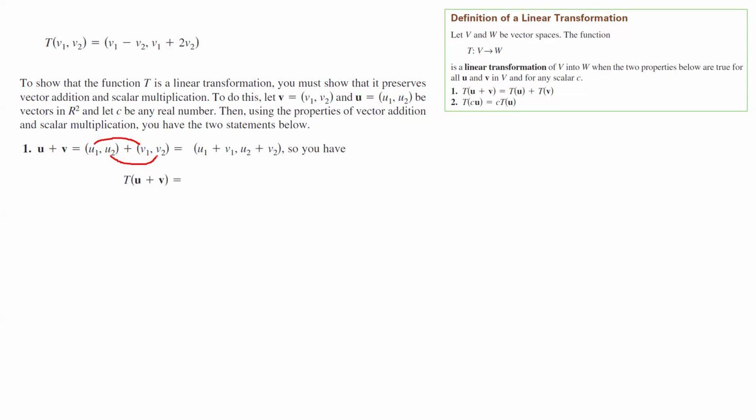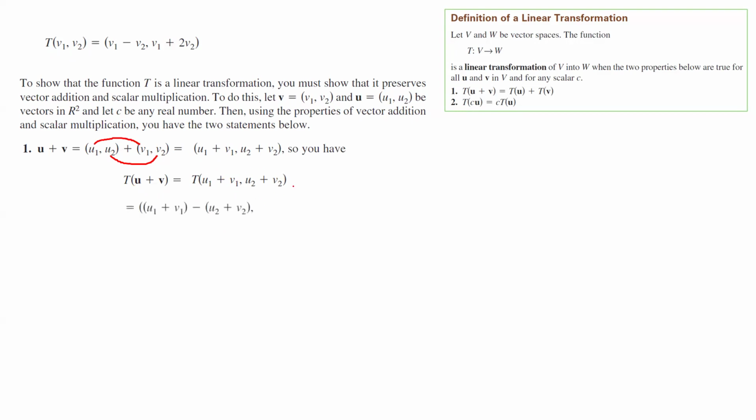So basically you have T of U plus V. Now the input value is U plus V, and you need to find the image of U plus V under this function. This is T of (U1 plus V1, U2 plus V2).